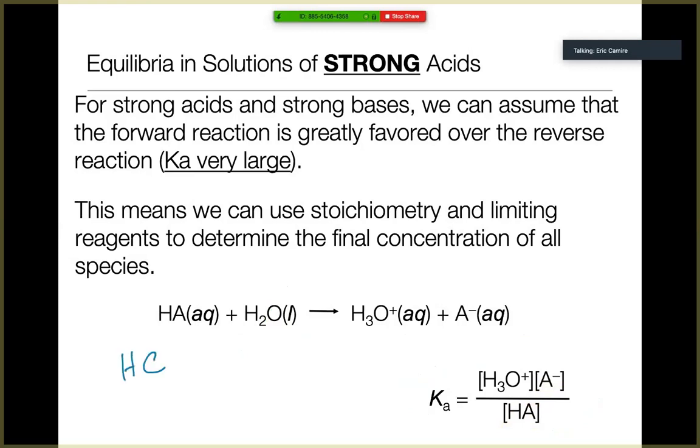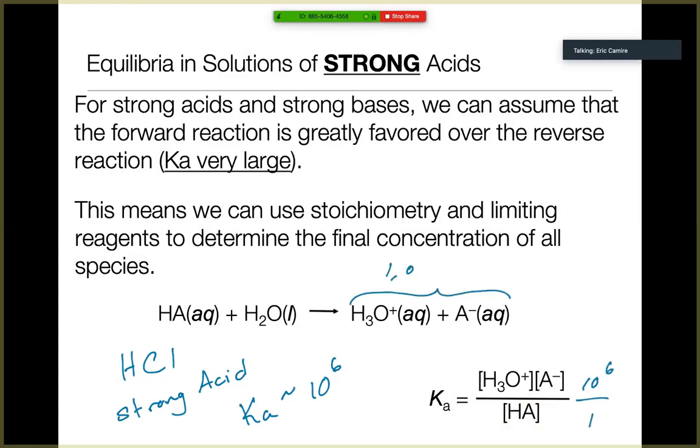Something like hydrochloric acid, which is a strong acid, has a Ka of approximately 1 million. So it's very large. That's what I mean by very large. To put that into perspective, the Ka is roughly 1 million to 1. That means for every 1 million products, so 1 million hydroniums or 1 million conjugate base, you'll only find 1 protonated acid floating around.